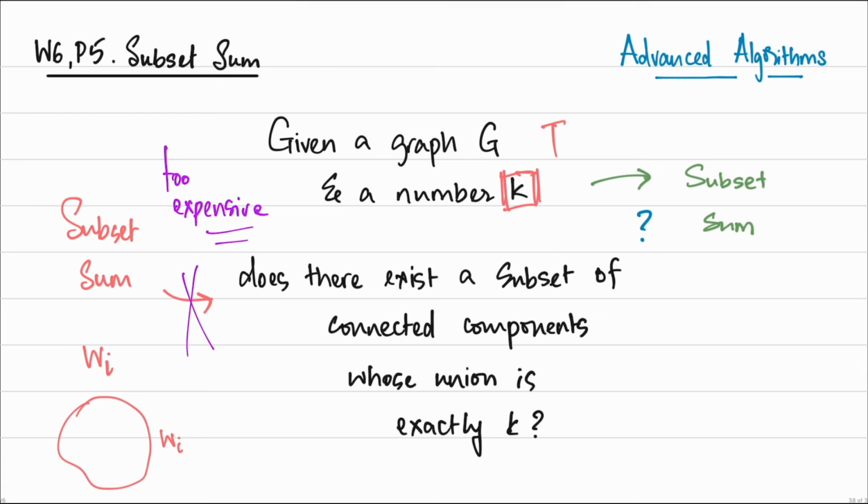So in some sense, the way the graph is expressed gives us the license to spend the kind of time that the dynamic programming algorithm needed, which is n times t. But remember that t itself here is actually k. And remember that this number k cannot be more than n, the total number of vertices, because if k is more than the total number of vertices, we can immediately say no, it's a trivial problem.